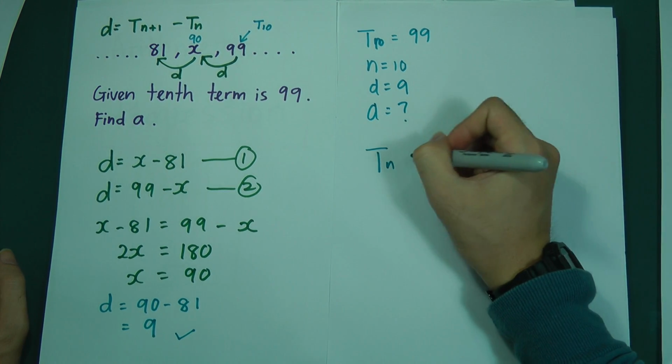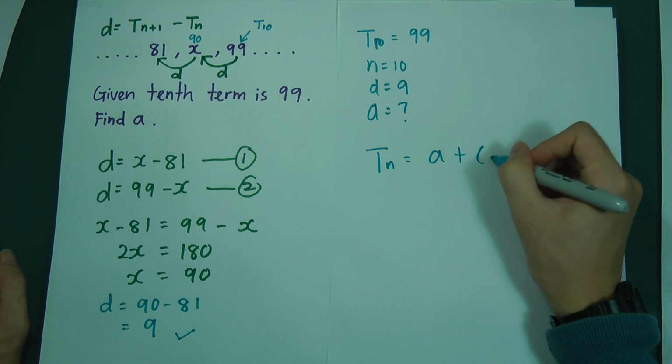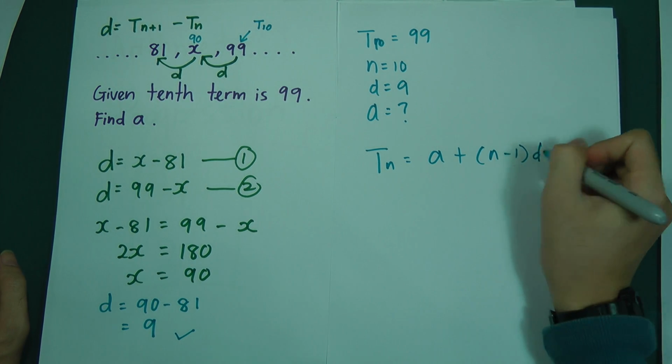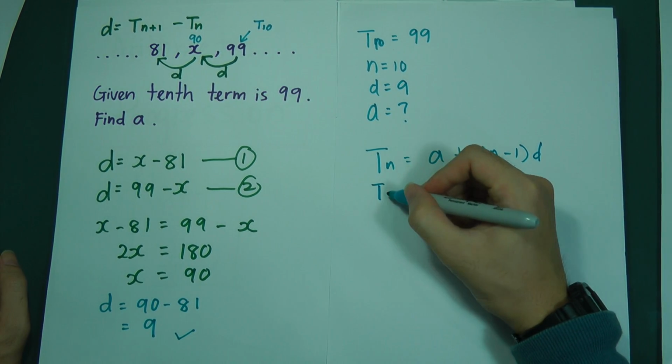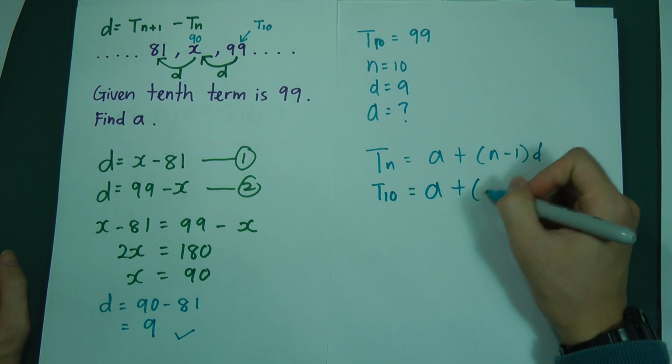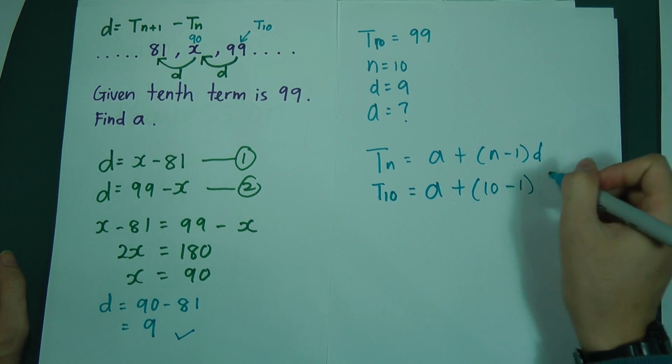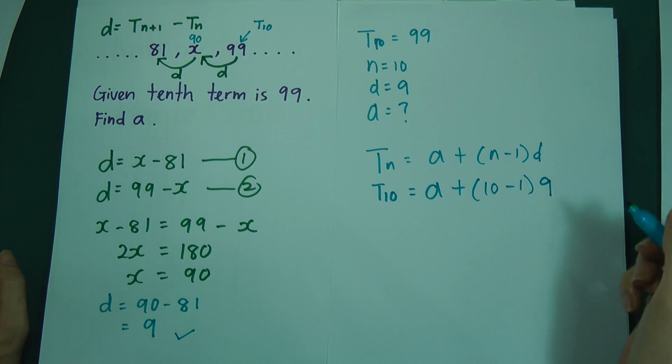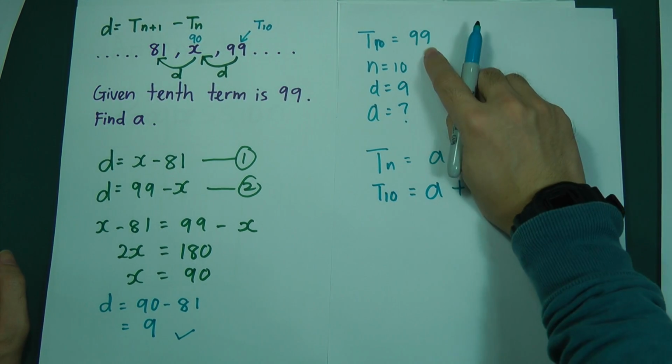T10 equals 99 and d is 9, so we can find A easily by substituting into the formula. I just repeat, Tn will equal to A plus n minus 1 multiplied by d. So T10 will equal to A, which we want to find, plus 10 minus 1 multiplied by 9. T10, the value given, is 99.